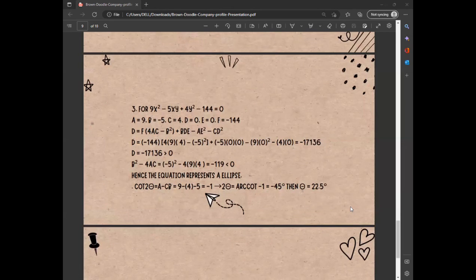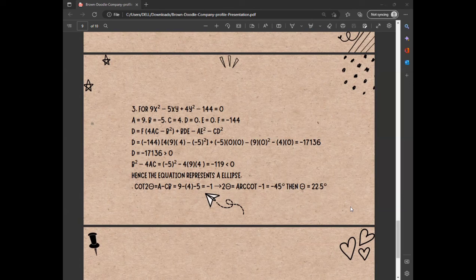So, last, number 3 is 9x squared minus 5xy plus 4y squared minus 144 is equal to 0. Given A is equal to 9, B is equal to negative 5, C is equal to 4, D is equal to 0, E is equal to 0, F is equal to negative 144.